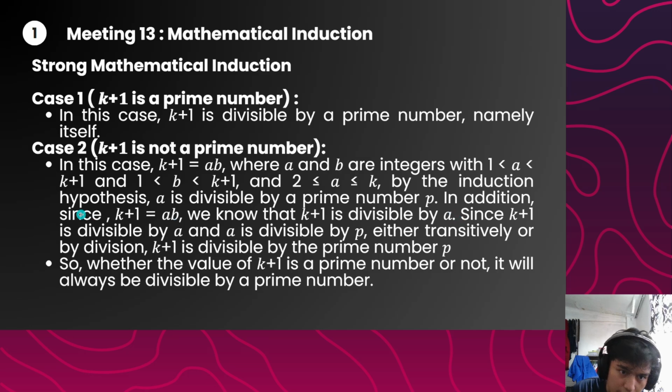In addition, since k plus 1 is ab, we know that k plus 1 is divisible by a. Since k plus 1 is divisible by a, and a is divisible by p, either transitively or by division, k plus 1 is divisible by the prime number p. So, whether the value of k plus 1 is a prime number or not, it will always be divisible by a prime number.